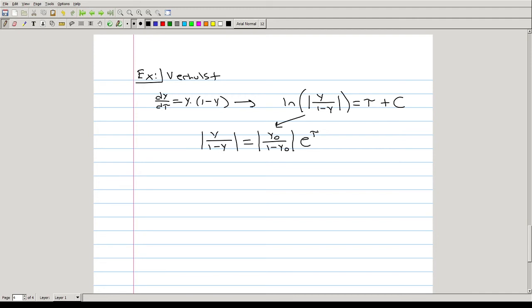But this general solution actually contains more information here. Specifically, from this differential equation right here, we can conclude that we're going to have multiple different orbits.